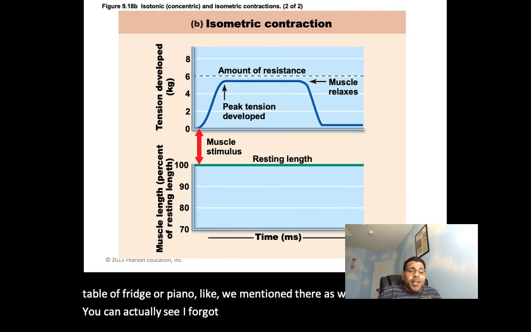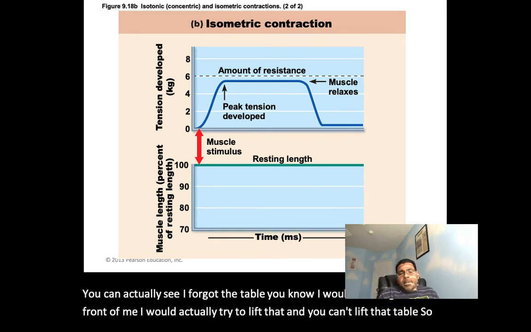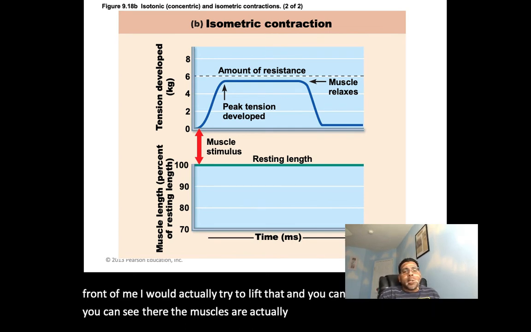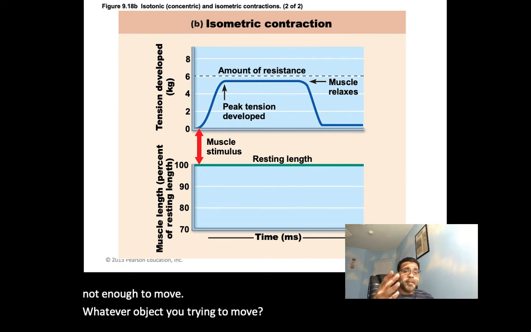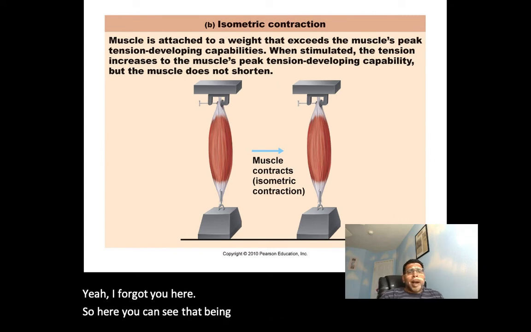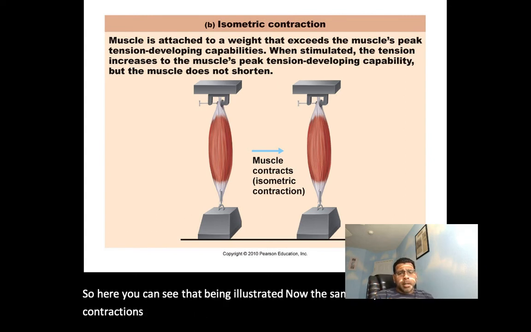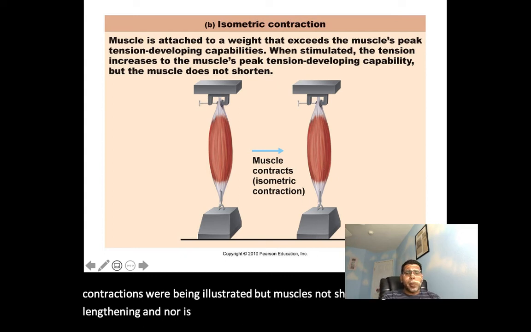I would try to lift that table, and you can't lift it. The muscles are generating force, but they're not shortening nor lengthening, and it's not enough to move the object. Here it's illustrated the same way our isotonic contractions were. The muscle is not shortening nor lengthening, nor is it able to do work.